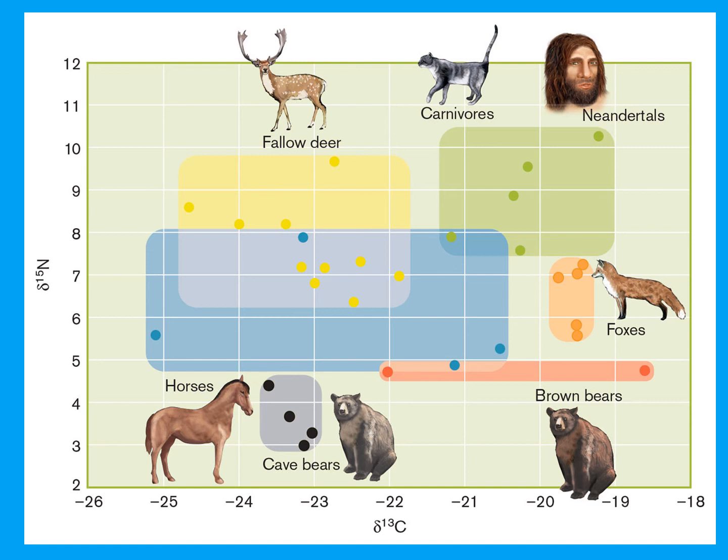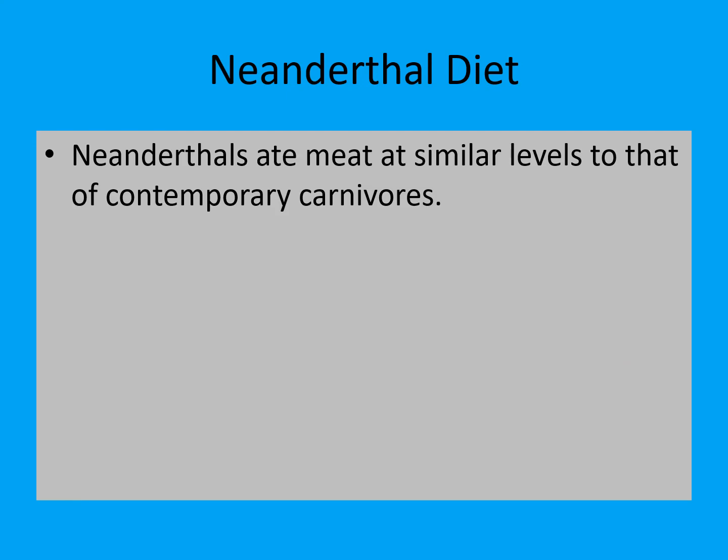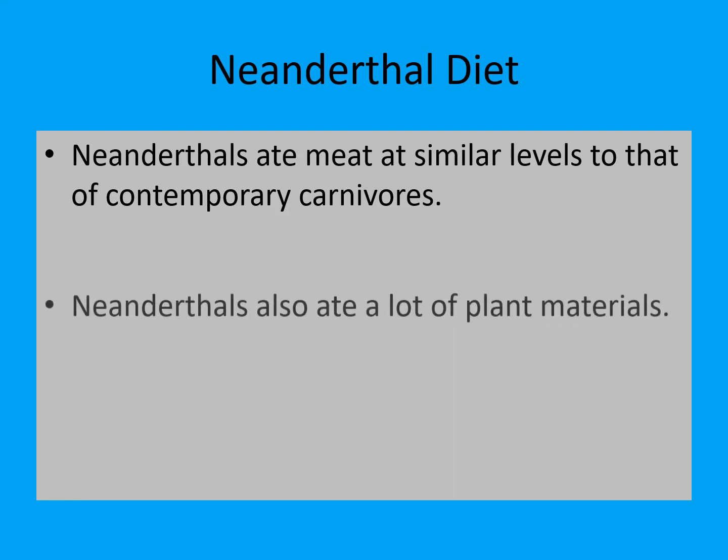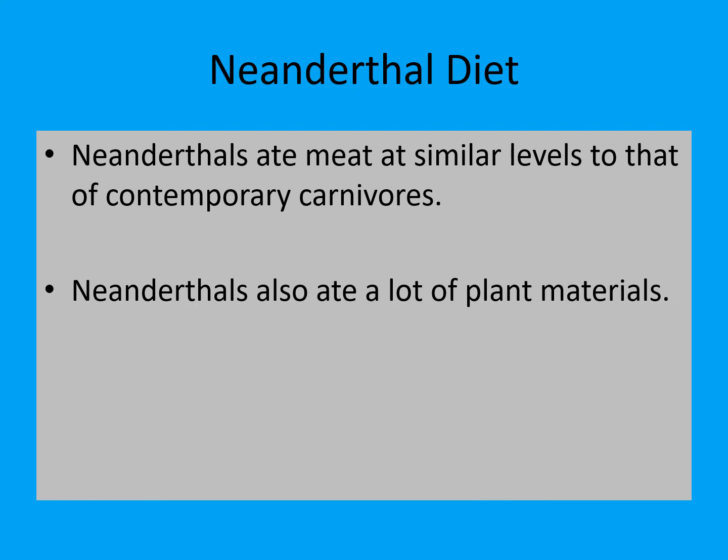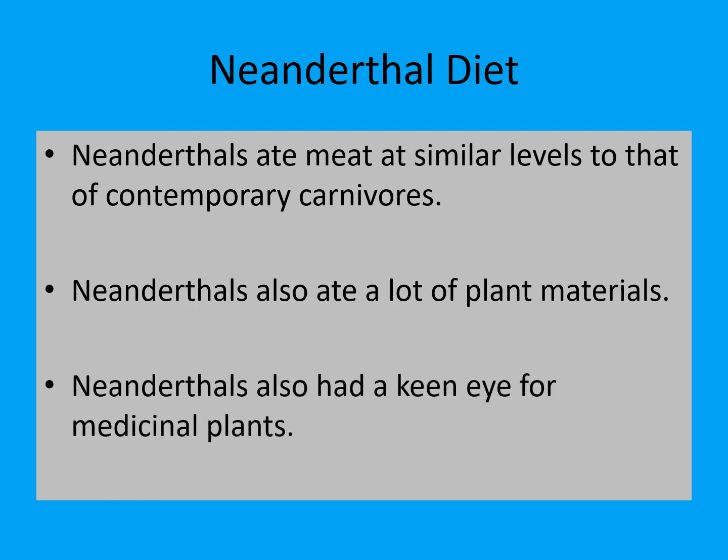They're up in the cluster where we see carnivores are. But we do know, based on studies of their teeth and studies of the fossilized plaque on their teeth, that they did eat vegetation as well. So in essence, your Neanderthals ate meat at similar levels to that of contemporary carnivores, and Neanderthals also ate a lot of plant materials, and they also had a very keen eye for the use of medicinal plants.